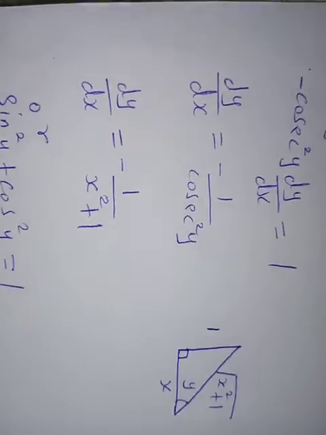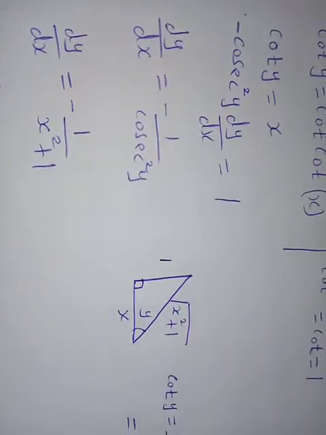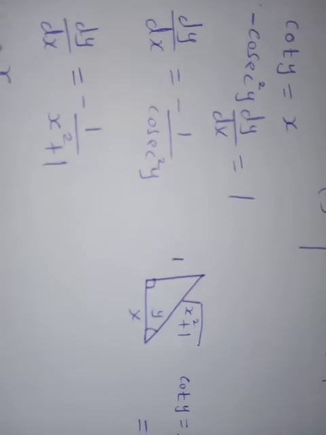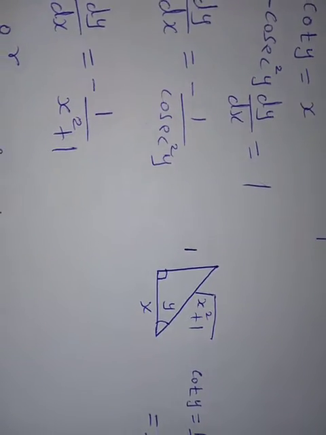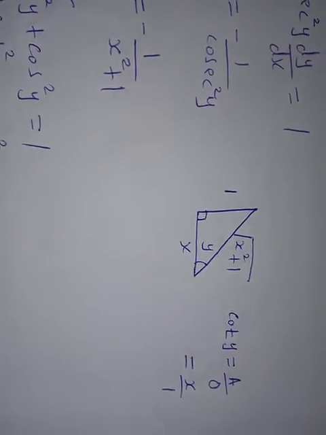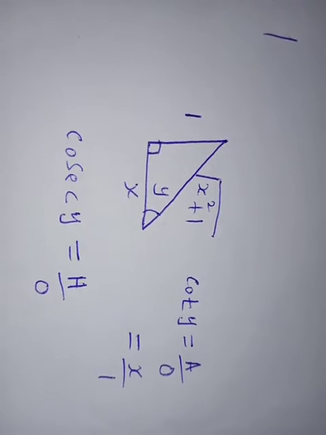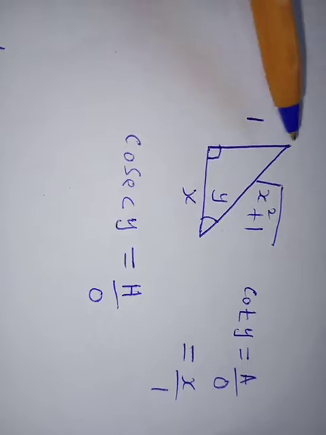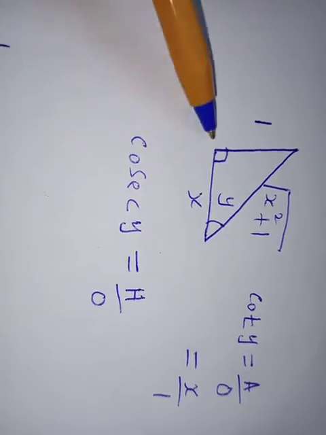Again, from the trigonometric ratios, cosec y is given by hypotenuse over opposite.